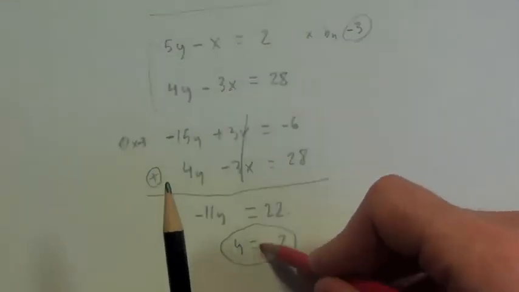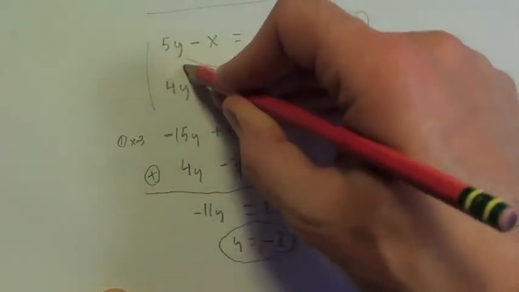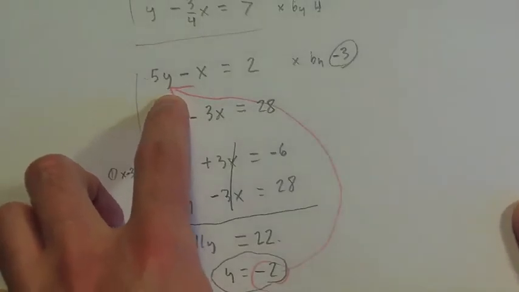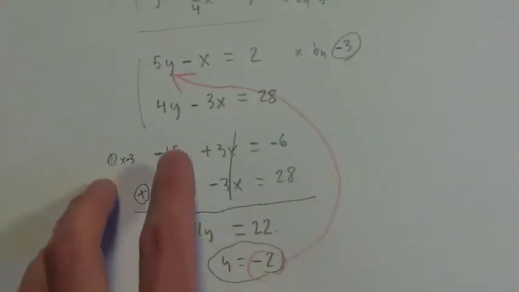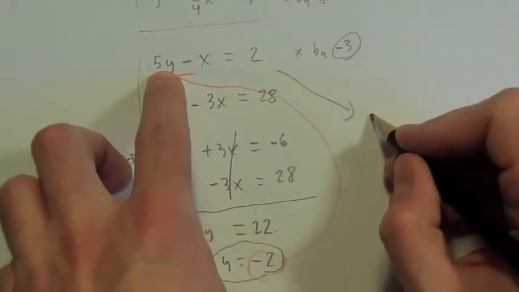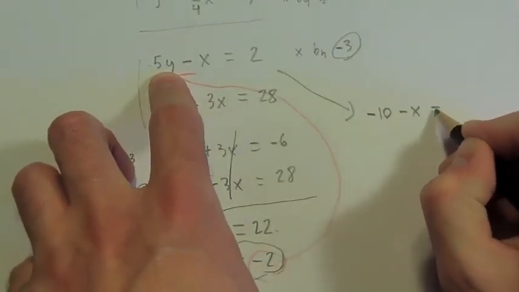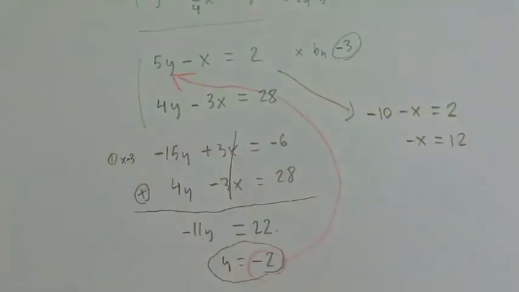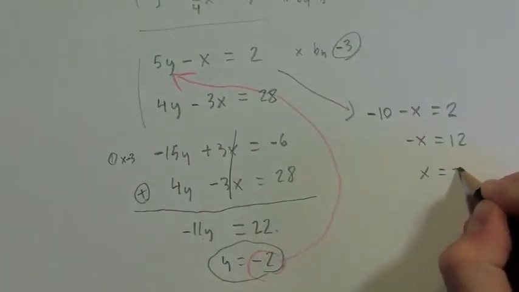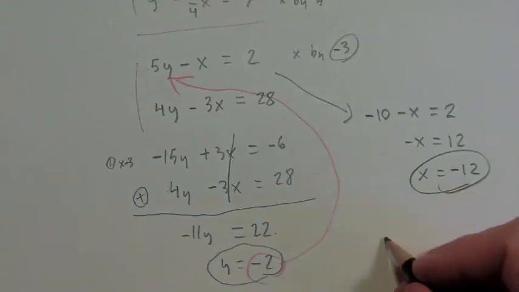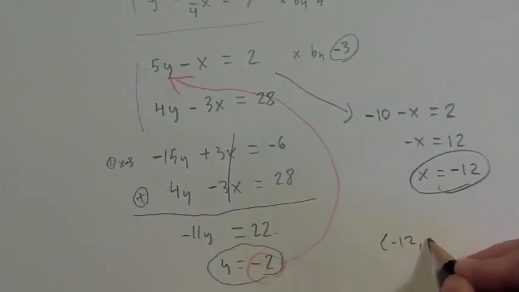So now I'm going to take this negative 2 and plug it into my equation 1 from up here. You could pick really anything, but when I plug in the negative 2, I'll get negative 10 minus x is equal to 2. So I'll get negative x is equal to 12 when I move the 10 over. And so I get x is equal to negative 12. Okay, so the solution set is negative 12, comma, negative 2.